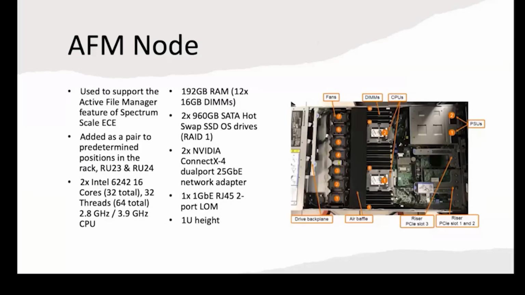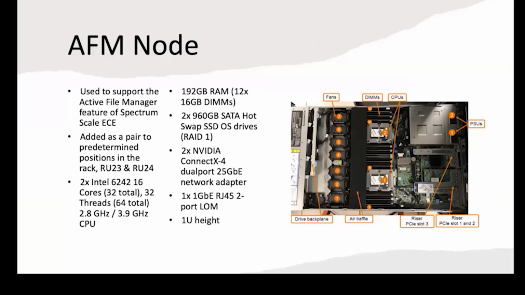The AFM node is introduced to support the Active File Manager feature of Spectrum Scale Erasure Code Edition. These nodes are added in pairs, and they each are 2-socket systems with 32 cores total, 2 16-core processors. These are also multi-threaded and support 64 threads in total.